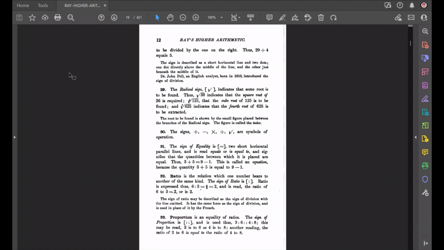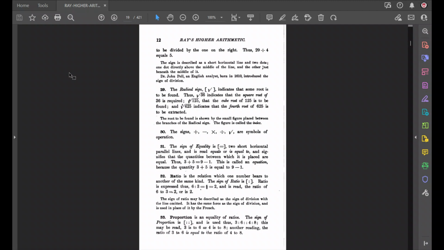Because a number is always a ratio. Every number is a ratio. Every whole number is a ratio where the number is related to 1. 2 is the same thing as 2 to 1. The number 6 is the same thing as the ratio of 6 to 1. But these two dots show that there's a ratio.